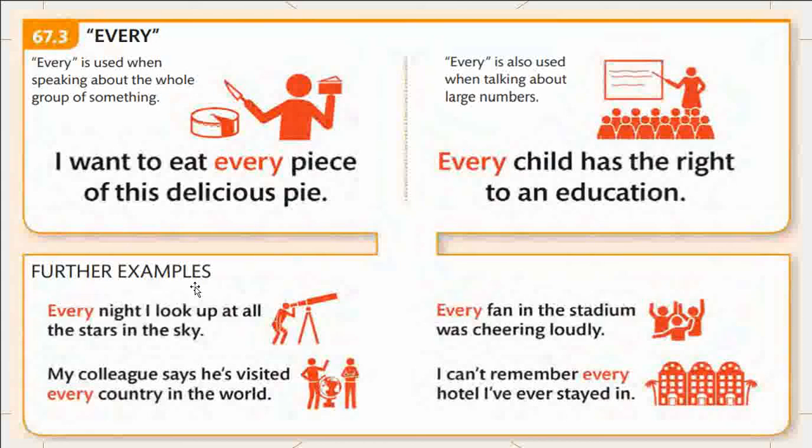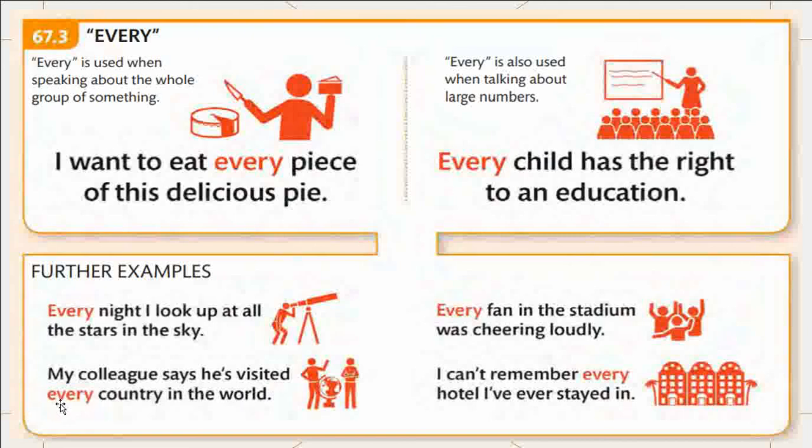Let us see the examples based on the rule. Every night I look up at all the stars in the sky. Every night. That means the group of nights, talking about that in general. My colleague says he has visited every country in the world.